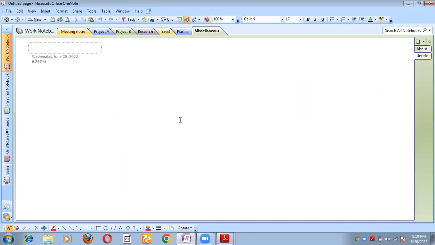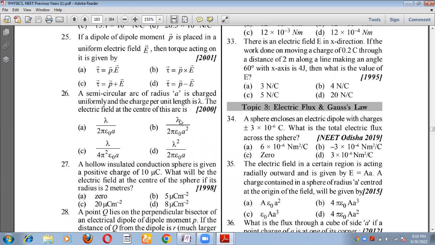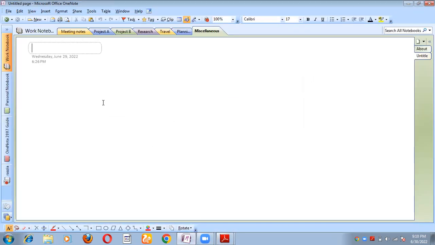See, in the question, the charge per unit length of the semicircular arc is lambda.